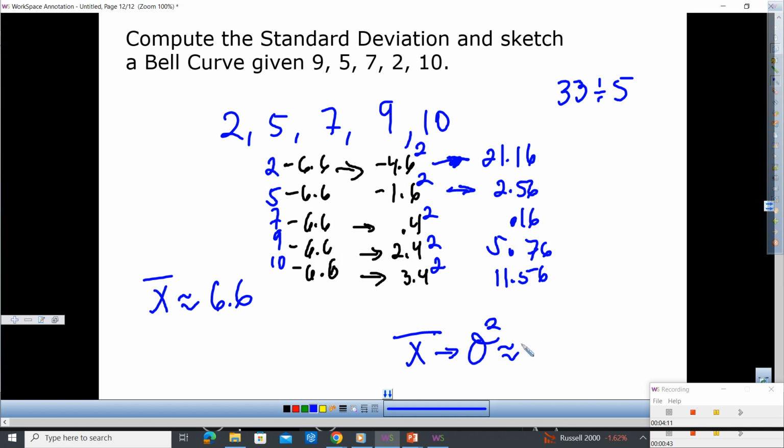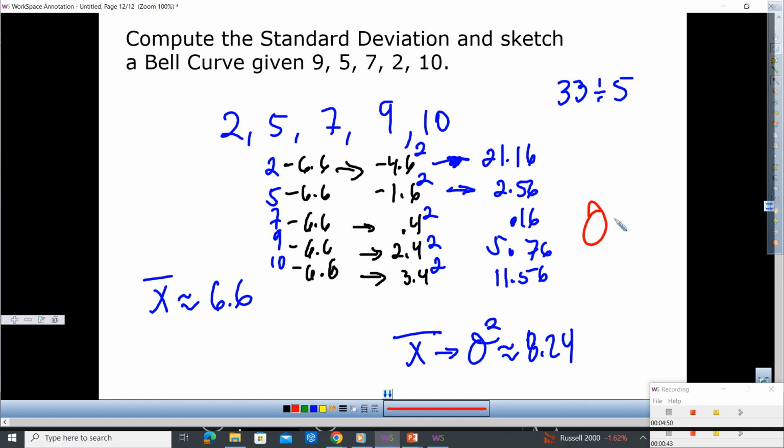All right, what'd you get for that, Angel? So all these divided by 5, it should have given us 8 point something. 8.24.